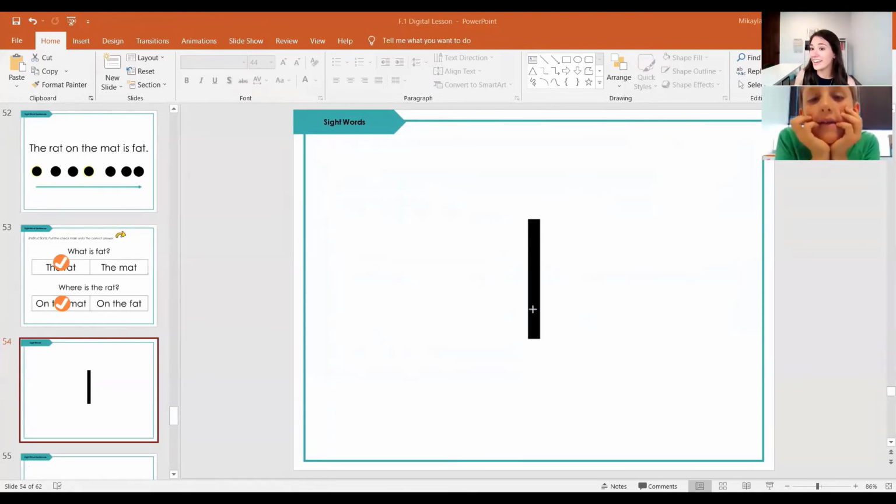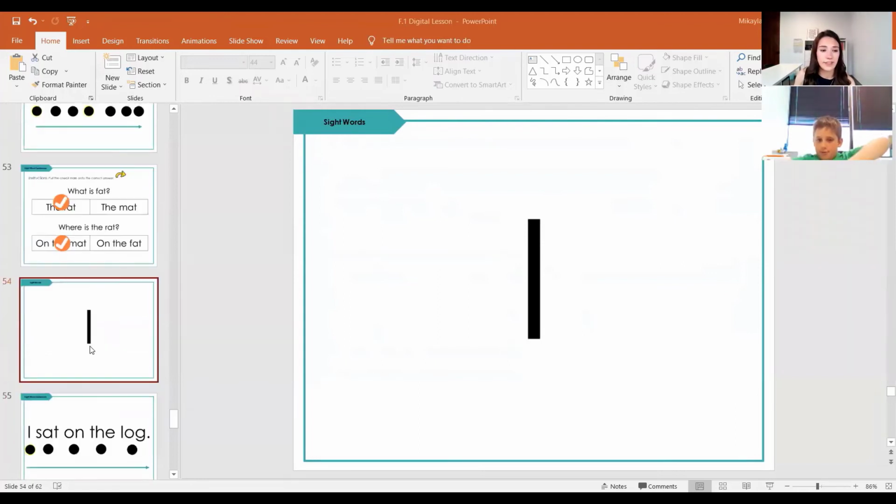L. Good. It looks like a lowercase L, but sometimes our capital I, we can have it both ways depending on what font is used. So I says I. Can we go ahead and trace that with our finger on the desk? Okay. I says I.